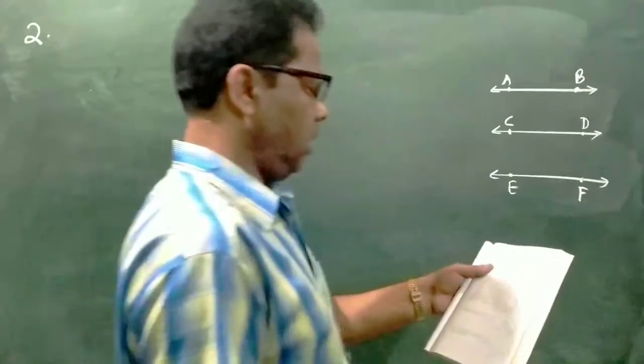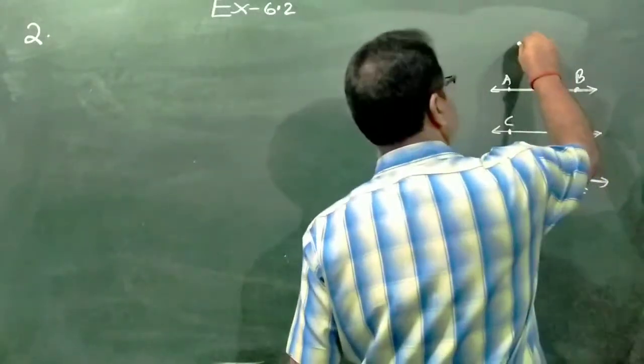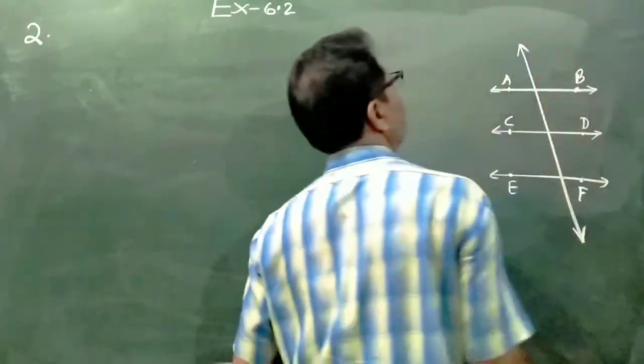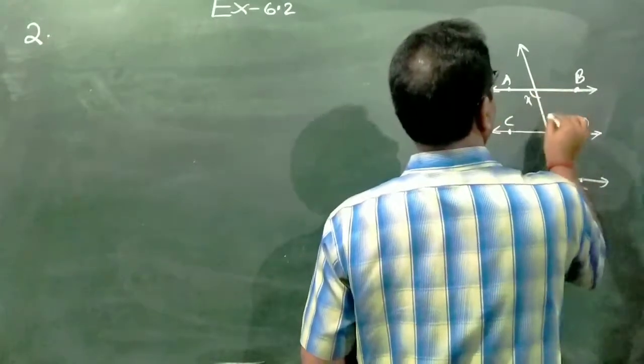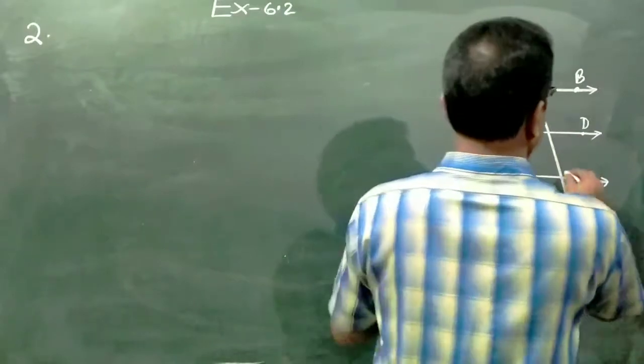These three lines are parallel, cut by one transversal. Given here, X, this is Y, and this side is Z.